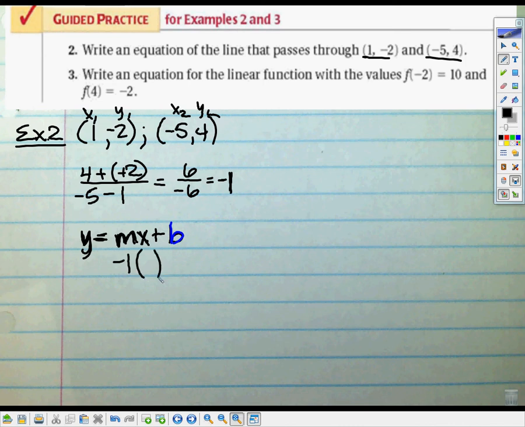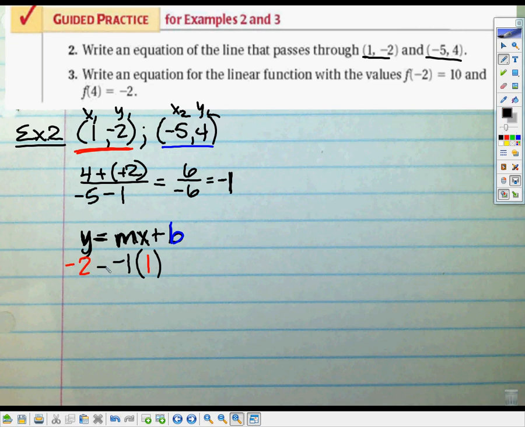It will not matter which one of these 2 points you use. I usually look for the easiest numbers to use. I'm going with the one I underlined in red and substituting the x value as 1, and the y value is negative 2.